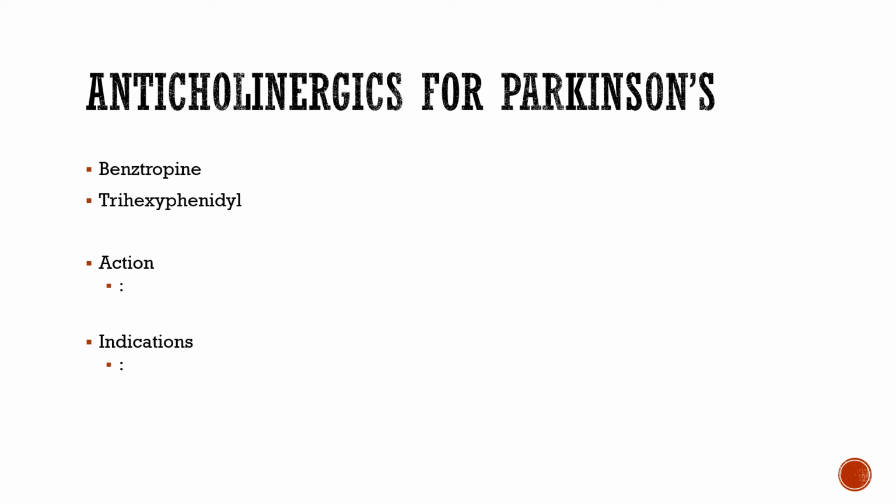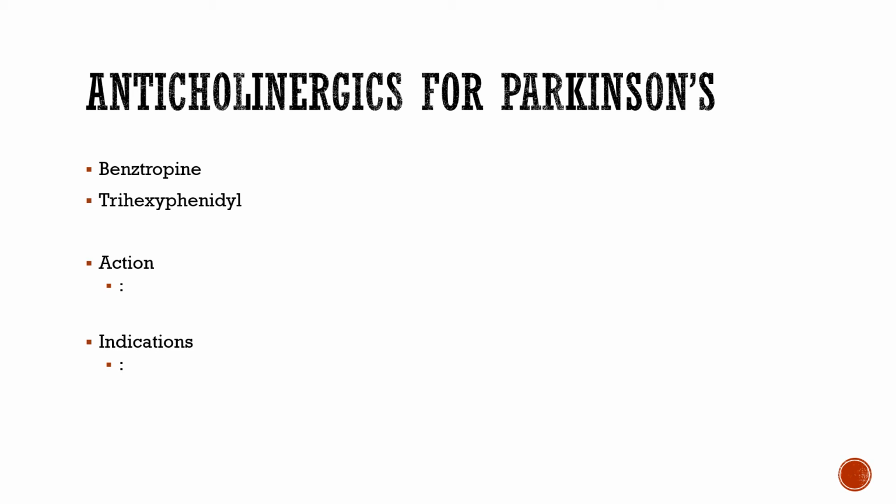We do use anticholinergic medicines sometimes to help with some of those symptoms. Benztropine, that's Cogentin. That's one of the ones that I've seen most commonly. This blocks the action of acetylcholine, which we know because it's an anticholinergic. The thing is, dopamine and acetylcholine are supposed to be level in our system.